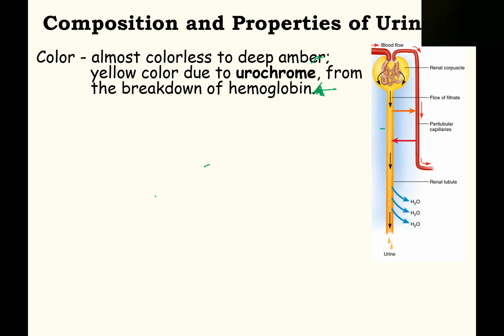So, drugs can make urine orange, purple, blue, black. Foods: consuming too many beets can make the urine pink. Consuming too much spinach can turn the urine green.